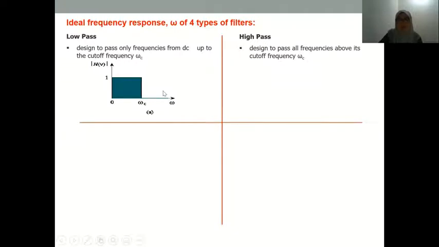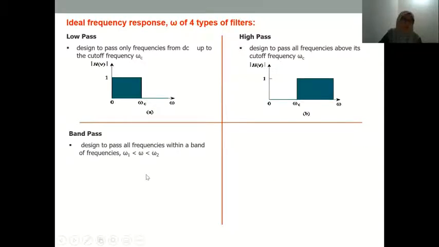The high pass is designed to pass all frequency above the cutoff frequency omega c. So it allows only the frequency above omega c. The band pass is designed to pass all frequency within a band from omega 1 to omega 2.